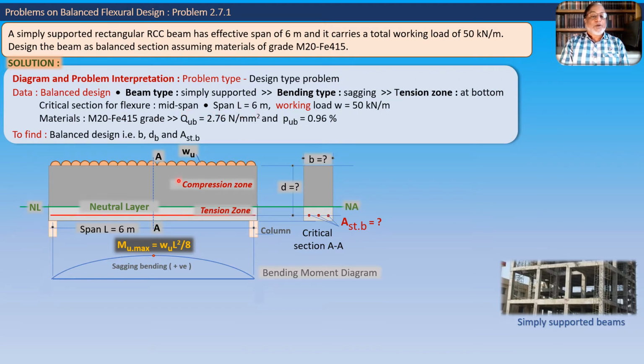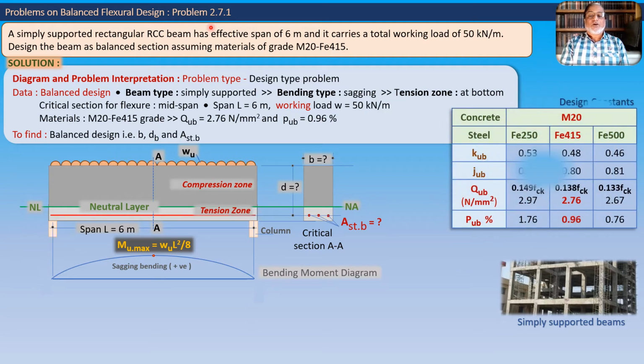The span of the beam given is L. Working load W is 50 kilonewton per meter. We have to note that it is working load and not ultimate load. Now the materials, M20 concrete and Fe415 steel, are provided. This further supplies us the design constants.